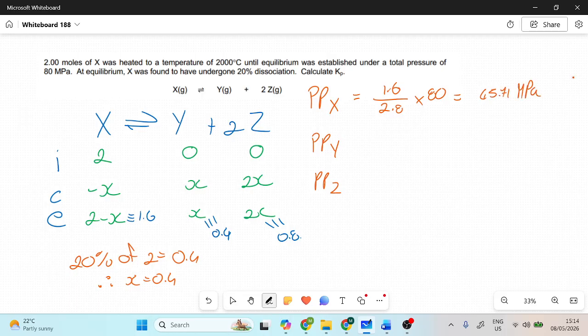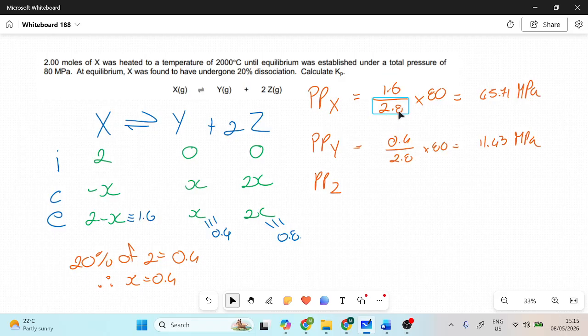You can leave it in megapascals. For Y, it's 0.4 over 2.8 times 80, which is equal to 11.43 megapascals. So you know if you made a mistake, because this has to be a quarter of the first one, because 0.4 and 1.6 is a quarter.